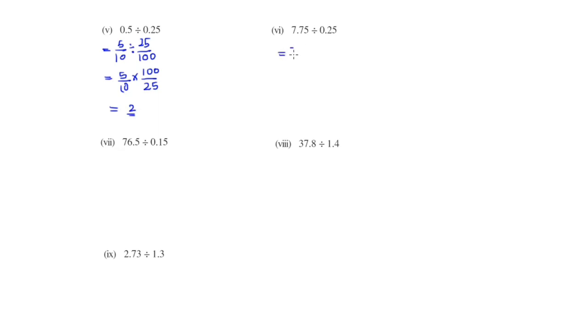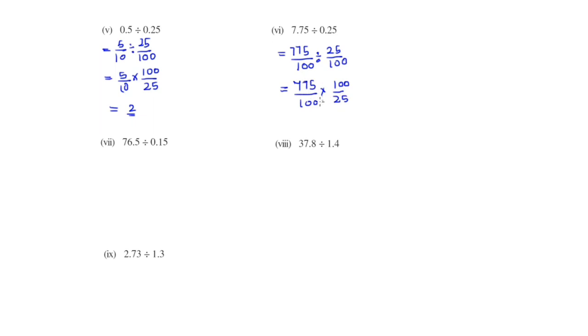In this part, converting 7.75 to 775 over 100 and division, then 0.25 can be written as 25 over 100, right? So now the first part we will write as it is, that is 775 over 100, then changing the division sign into multiplication, that will give you 100 over 25 on flipping. 100 will be directly cancelled out by 100 as it is on the cross side.